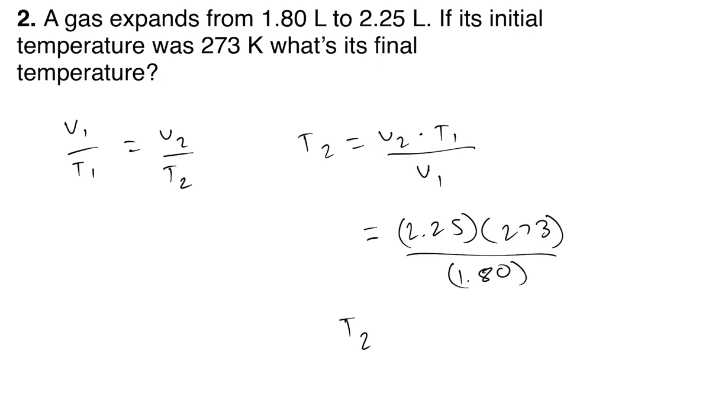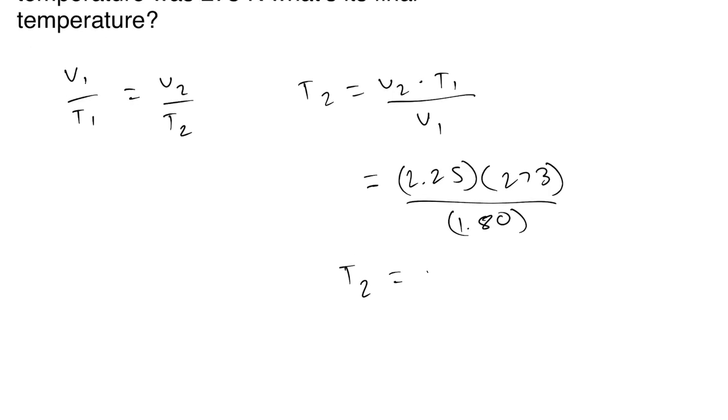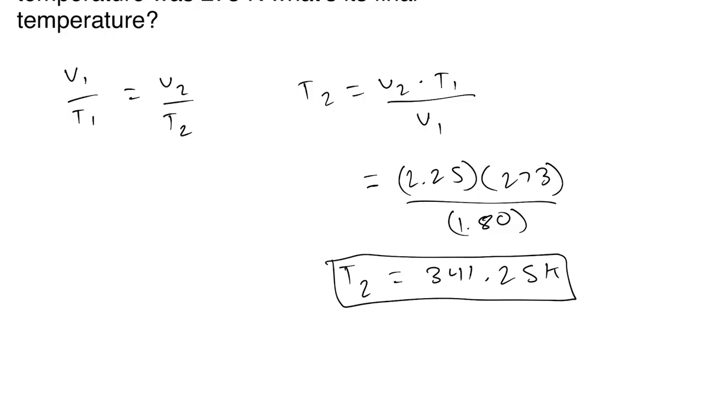That's going to leave our final temperature to be 341.25 Kelvin, or 68.3 degrees Celsius if you subtract 273.